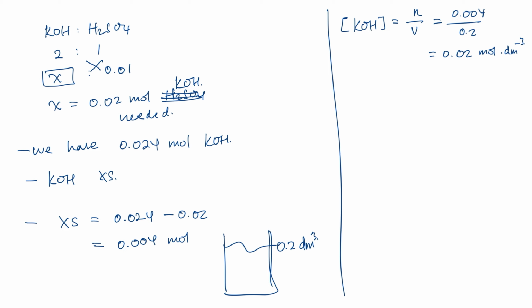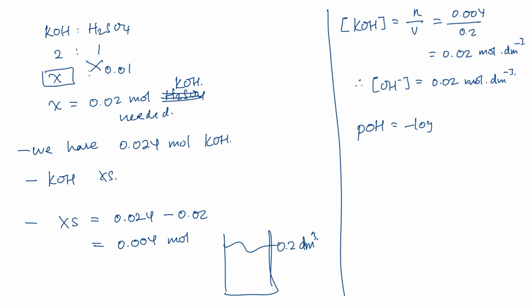Now, because KOH is monoprotic, the concentration of the KOH is going to be the same as the concentration of the OH minus. So we can say, therefore, the concentration of the OH minus is equal to 0.02 moles per dm cubed.